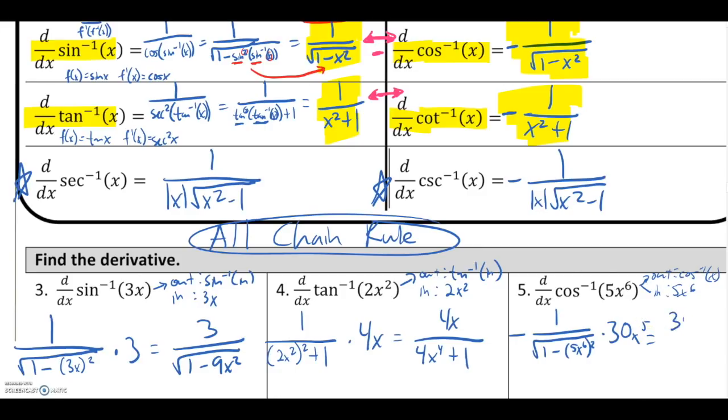And putting that together, 30x to the 5th, make that overall negative, square root of 1 minus, that would be 25x to the 12th power.